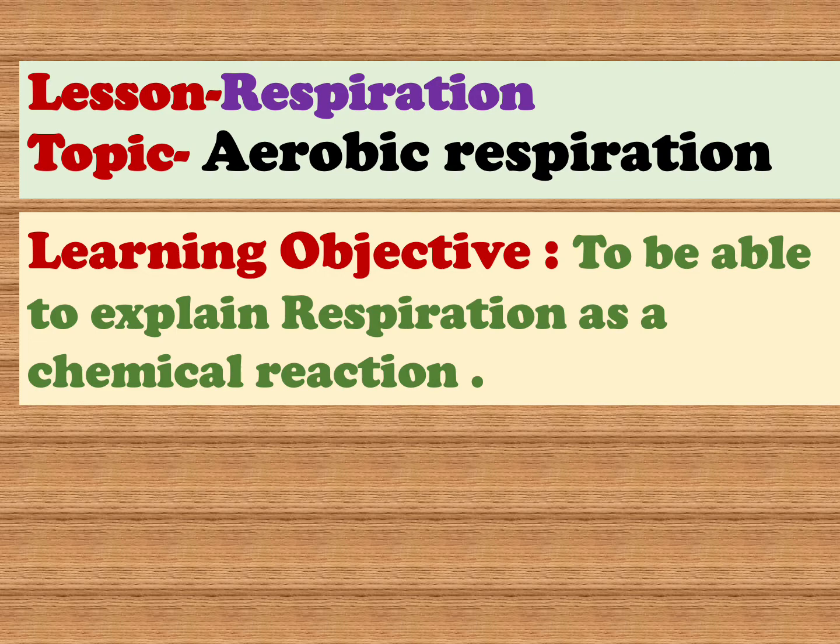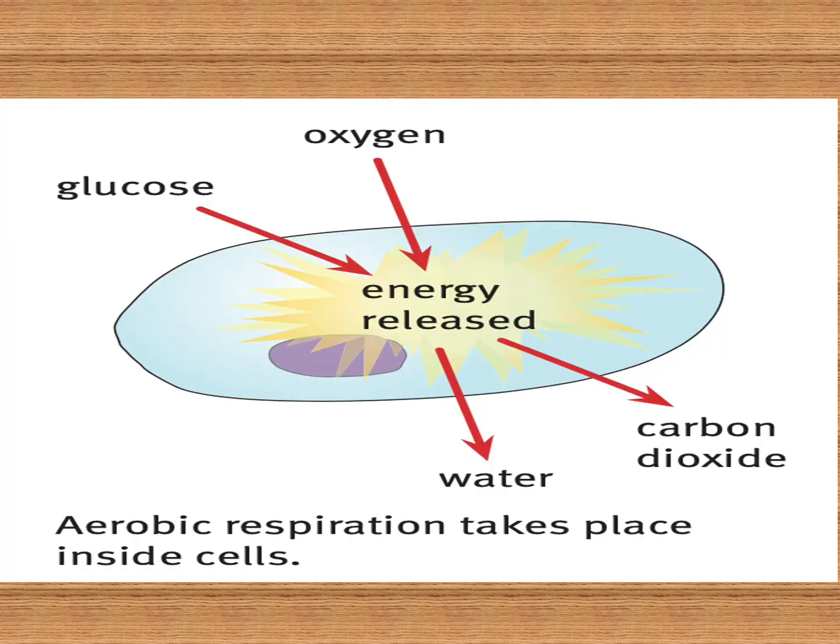That means some chemical change is happening in some of the reactants or the molecules. So let us see who is going to change and what are the reactions involved for this change. So in respiration, what happens? Glucose, which is there in our cells. Students, just recall the chapter digestive system.